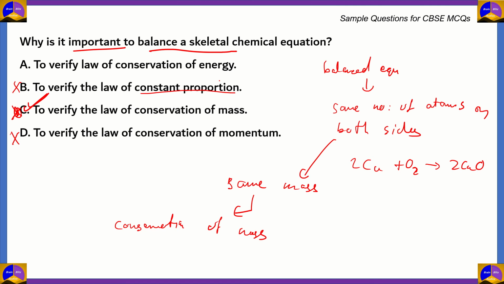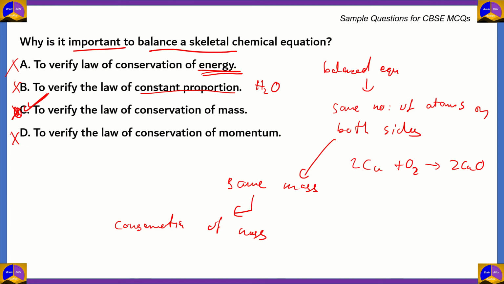For example, tap water, seawater, and ice all have the basic proportion H2O. So hydrogen and oxygen are combined in the ratio 2:1, and that is constant irrespective of their source. So B is incorrect. And A is also incorrect because this is related to the conservation of energy. It means that energy cannot be created or destroyed. It can only be transferred from one form to another.